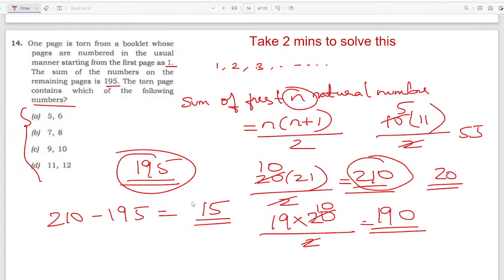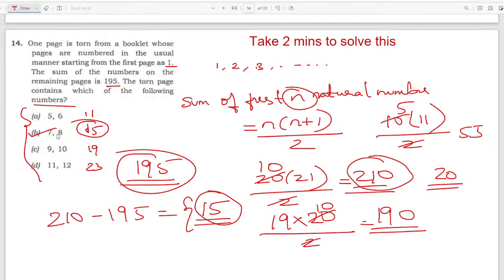So the page numbers of the removed page should add up to 15. If you check here, 8 plus 7 is 15, 6 plus 5 is 11, 11, 15, 19, and 23. So here the difference is 15. So the page that was removed is here, option B.